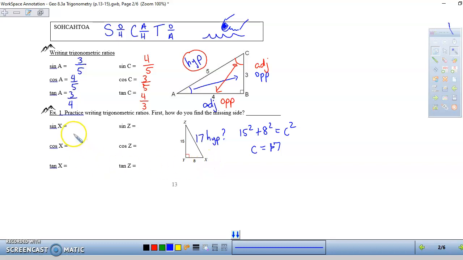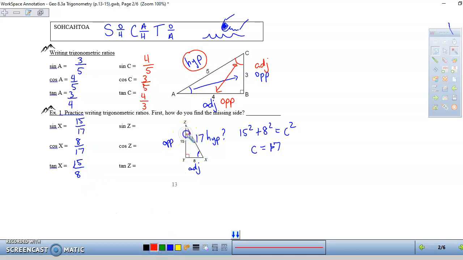All right, so now what I want you to do is again pause and try to figure the trig functions for x and for z. Okay, good. So we know the 17 is the hypotenuse, and I'm going to start with x. I know this is the opposite and this is the adjacent for x. So sine would be 15 over 17, cosine would be 8 over 17, and tangent would be 15 over 8.